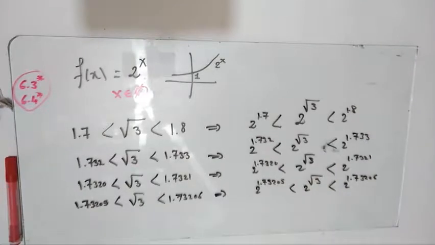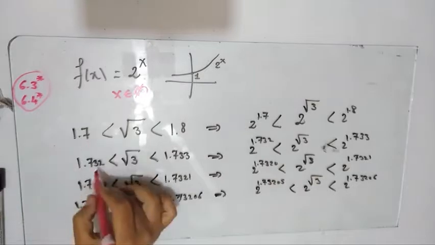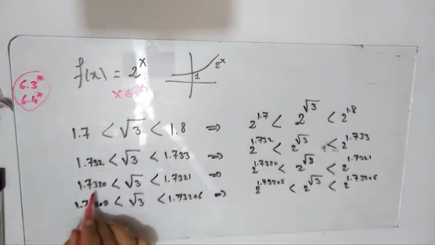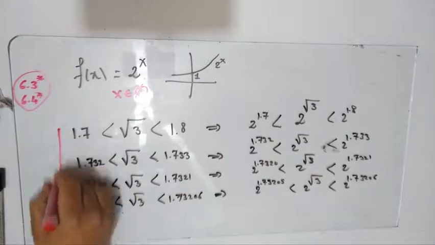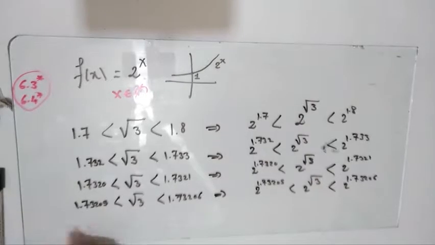Now let's write them in a good way, so that we can imagine how we can define it. If you look at this part here, 1.7, then 1.732, 1.7320, these numbers are approaching square root of 3. Let's write it on the real line.